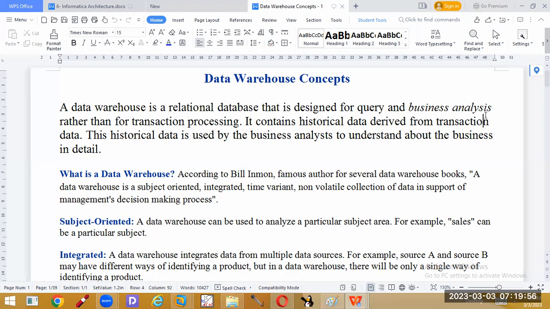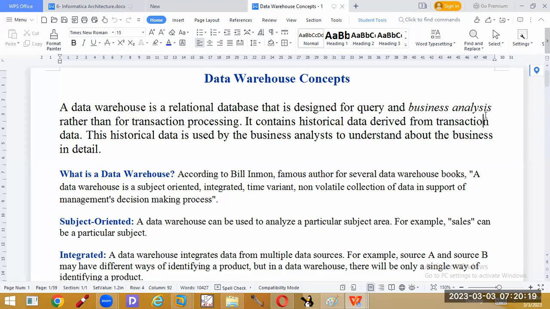We can track the area, who the purchaser is, who placed the order, based on the address. So we can analyze their area, cities. If a particular city is demanding a particular product, this kind of analysis you can do through the data warehouse.